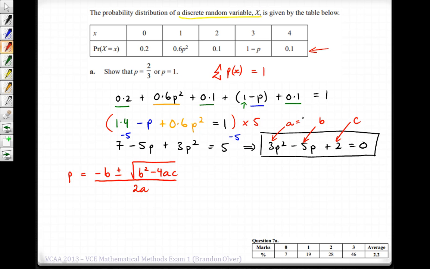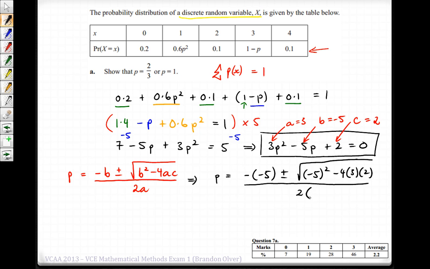So a equals 3, b equals -5, and c equals 2. So subbing that in, I get p equals minus -5 plus or minus the square root of -5 squared minus 4 times a times c, divided by 2 lots of the a.